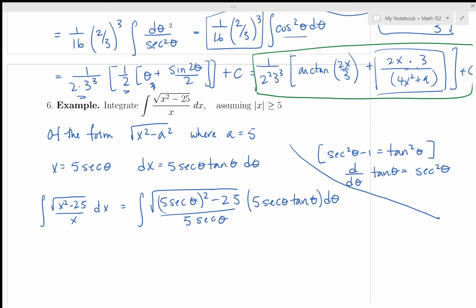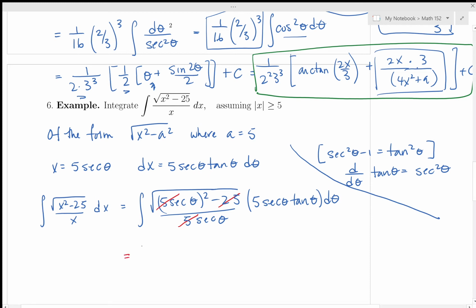First thing that we're going to notice is that we can easily factor out a 5 in the numerator, so all of these things are going to go away. 5 squared is factored out and we take the square root, so that is gone, and that will become 1. So then I've got secant squared minus 1 in the numerator. Secant squared minus 1 is tan squared.